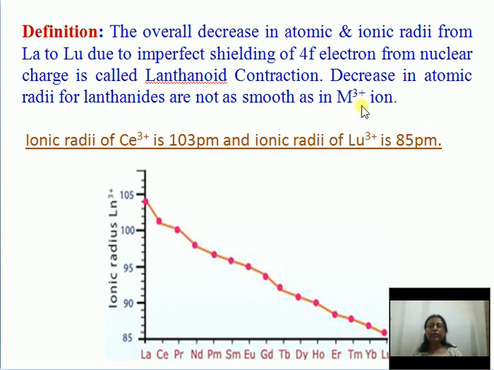The decrease in atomic radii for lanthanides is not as smooth as in M3+, that is Ln3+ ions. And you should always write that because of this, the ionic radius of cerium 3+ is 103 picometer and the ionic radius of lutetium 3+ is 85 picometer, which is shown in this graph as well.